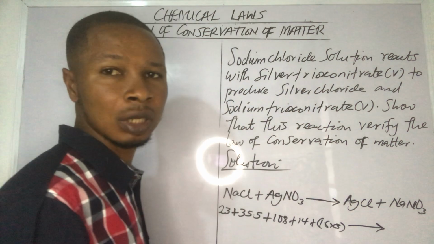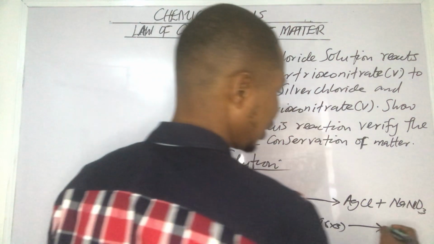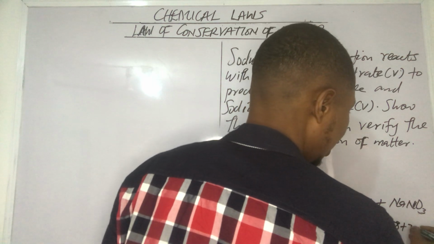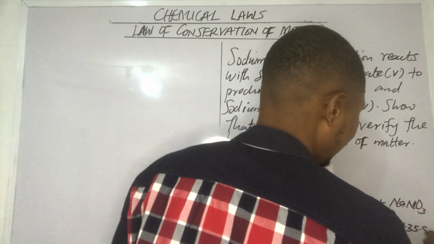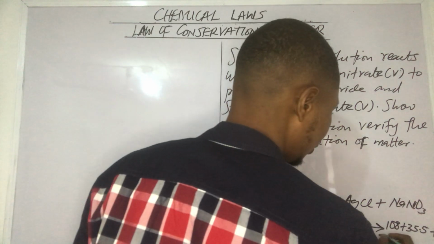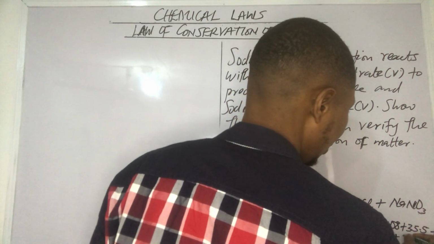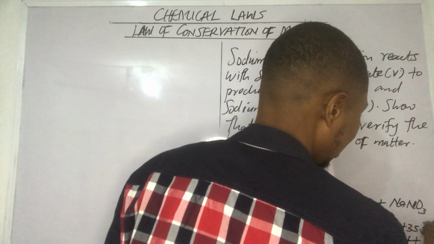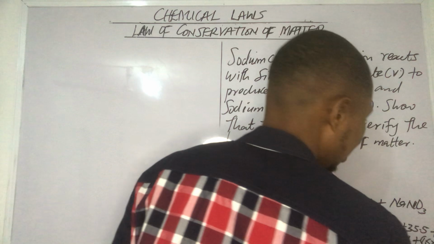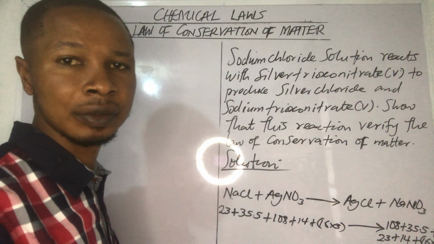Is it equal now? So let's check the products. Silver here is 108 plus chlorine 35.5 plus sodium 23 plus nitrogen 14 plus oxygen 16 times 3.